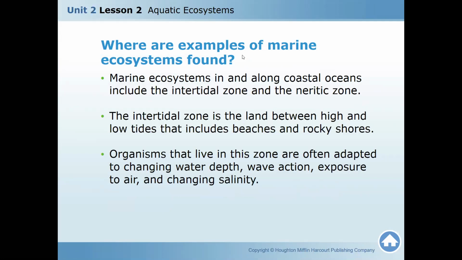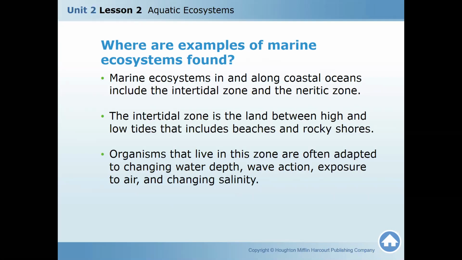Marine ecosystems in and along coastal oceans include the intertidal zone. The intertidal zone is the land between high and low tides that includes beaches and rocky shores. Organisms that live in the zone are often adapted to changing water depth, wave action, exposure to air, and changing salinity.